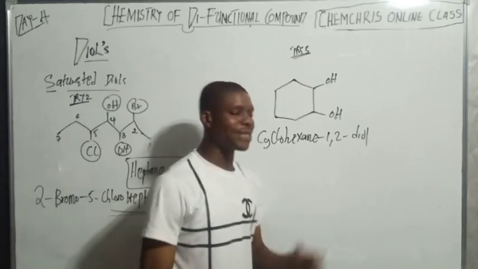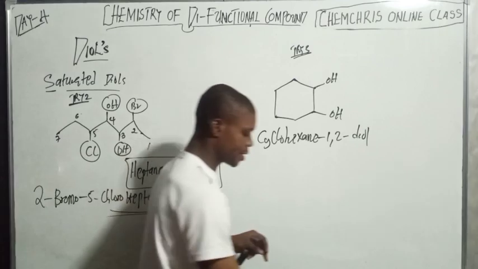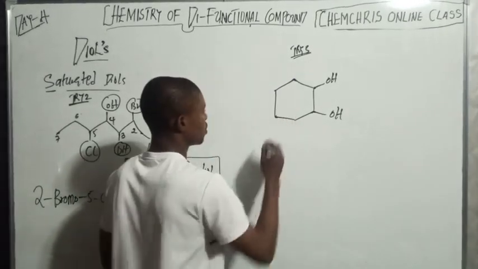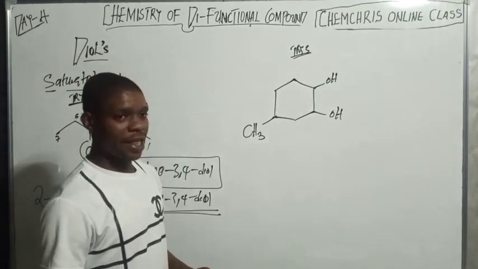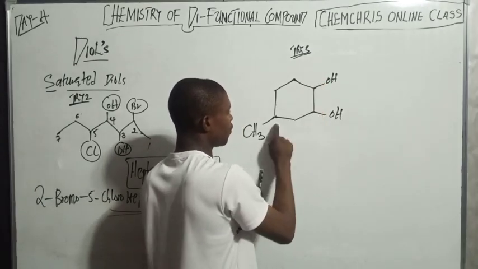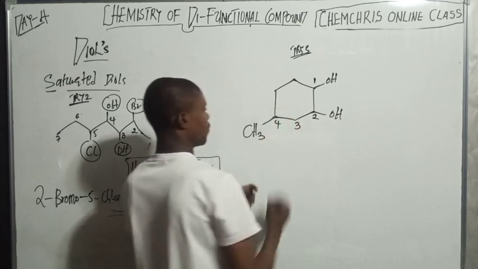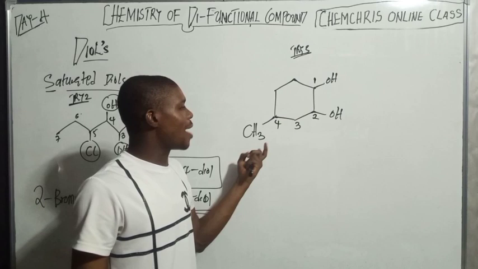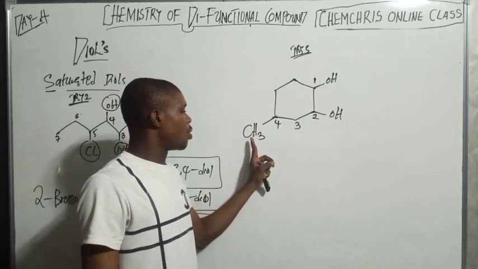Cyclohexane 1,2-diol. Now, what about if I now have a substituent attached to this point? Probably I have CH3. What will be the name? So you're going to start from here, 1, 2, 3, 4. The main reason I'm going to start from here is that this is the only way I can get my lowest possible number for this.